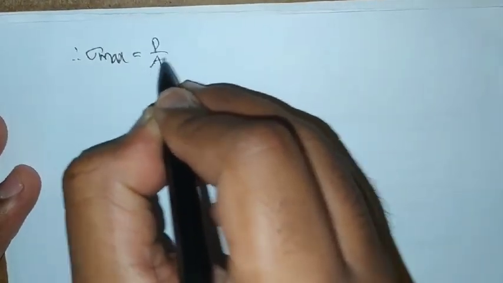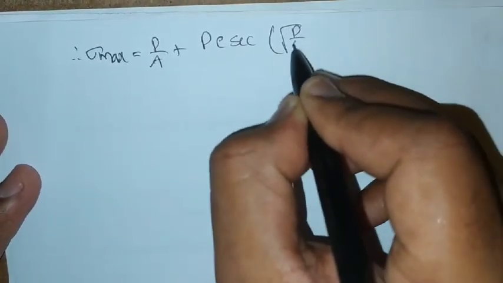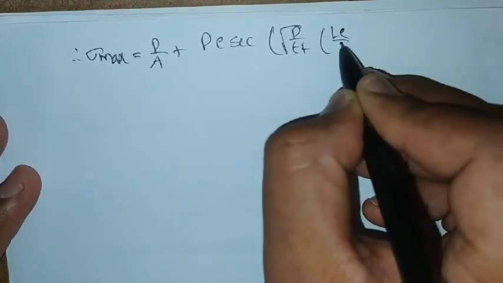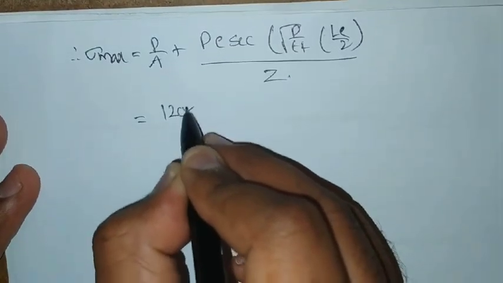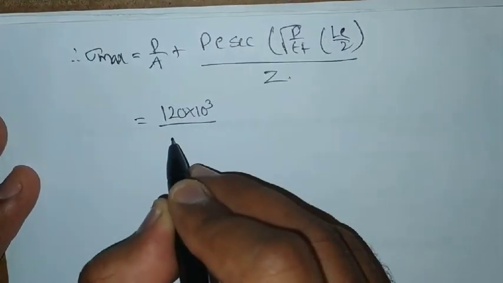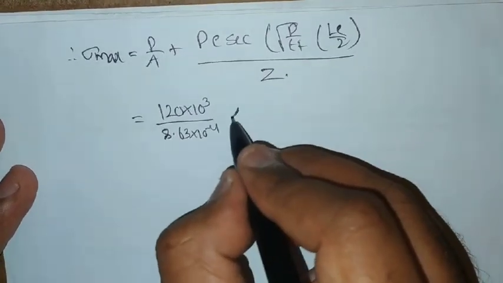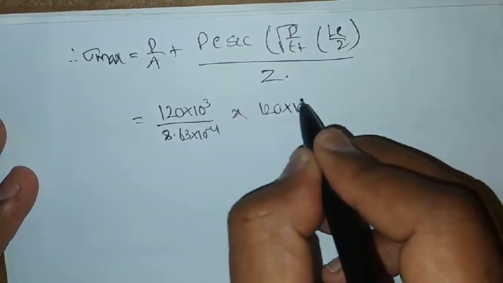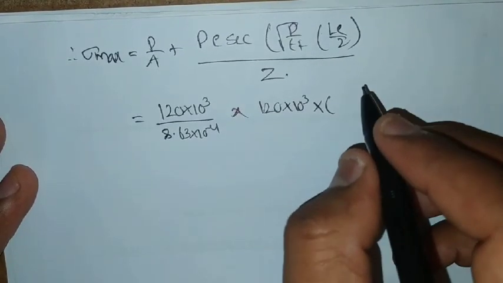Therefore, sigma max is equal to, the formula is P by A plus P into E into secant of root P by EI into LE by 2, divided by section modulus Z. We know the value of P is 120 into 10 power of 3 and the A value is 8.63 into 10 to the power of minus 4. The E value is given in the problem as 2.55 mm.